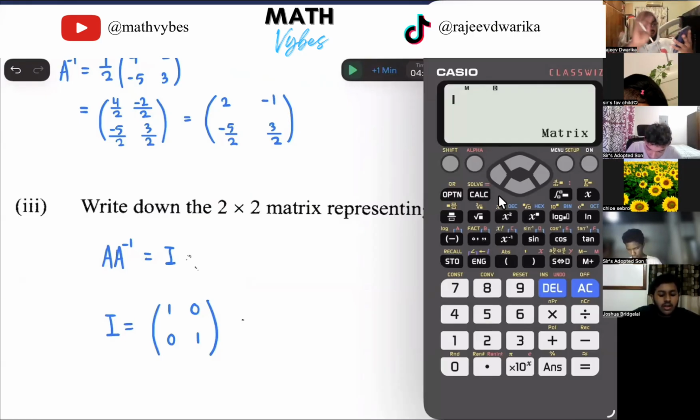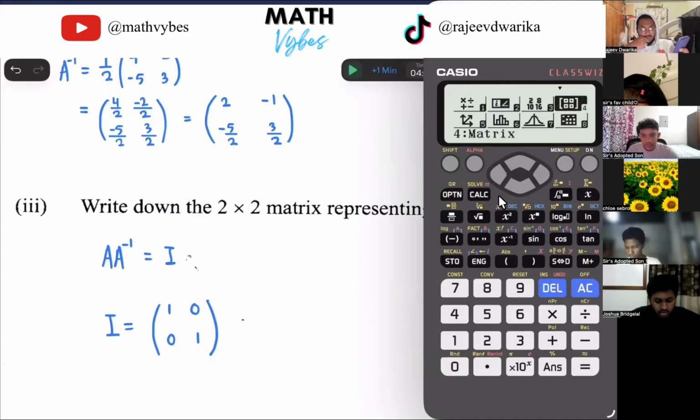Alright, so everybody, this is what to do. You're going to press mode in the calculator, and you should see 6 for matrix. It's going to ask you matrix with a question mark. 1 is matrix A, 2 is matrix B, and 3 is matrix C. Are you seeing that? Nikolai, you would have to do something different: go on menu setup, press 4 for matrix.